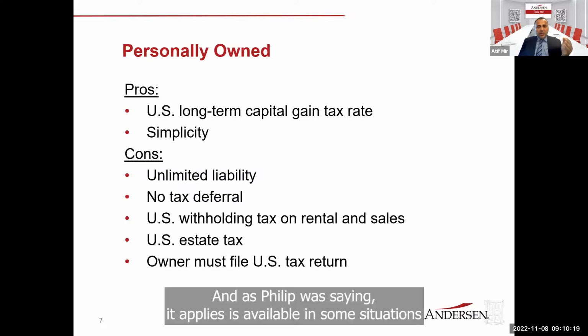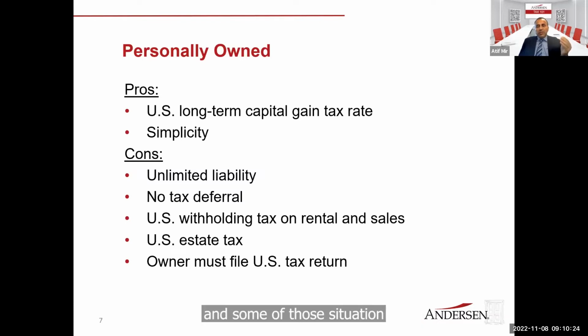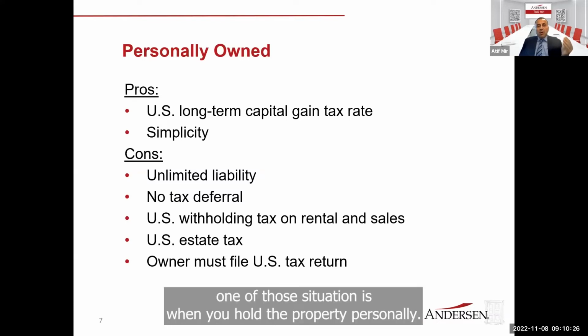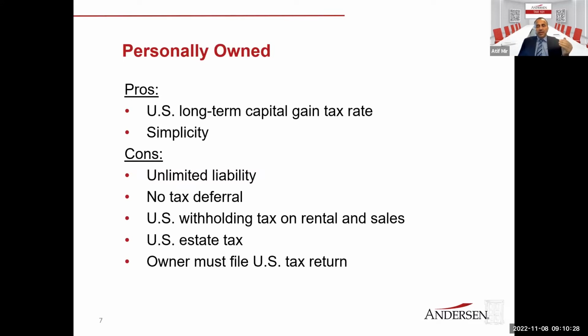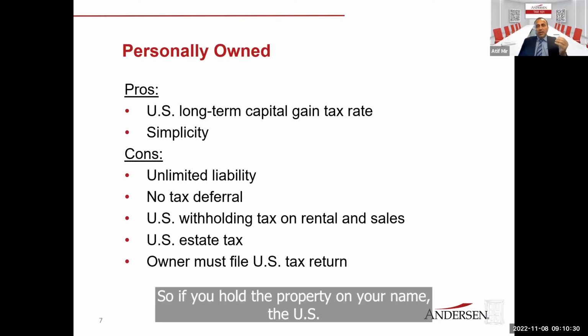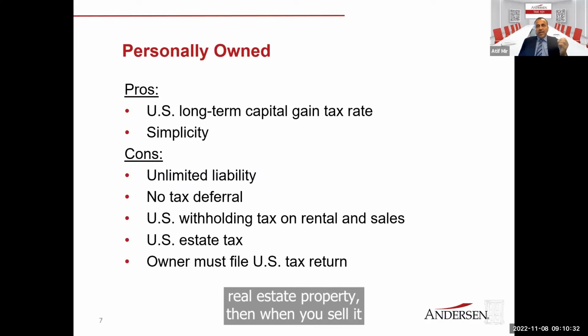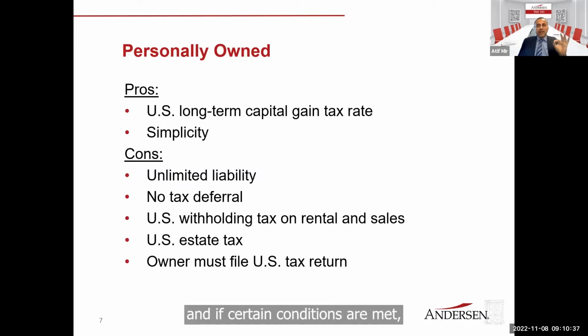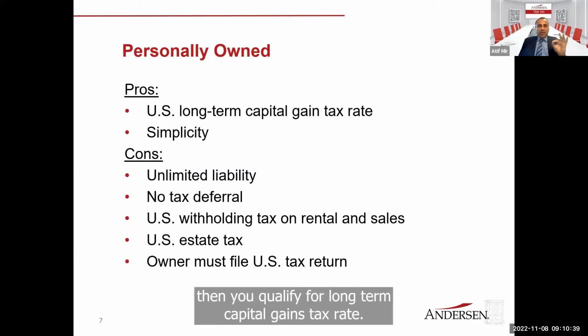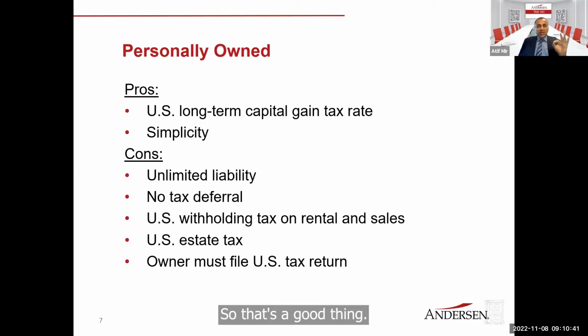And as Philip was saying, it is available in some situations. And one of those situations is when you hold the property personally. So if you hold the US real estate property in your name, then when you sell it, if certain conditions are met, you qualify for the long-term capital gain tax rate. So that's a good thing.